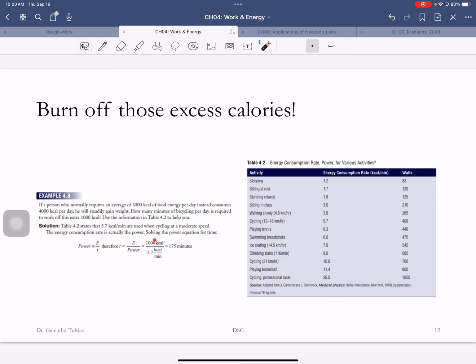If you want to get rid of 1,000 calories, at 5.7 calories per minute, and when I say calories, I mean food calories, if you divide that by that, you get 175 minutes. So you have to bicycle for 3 hours to get rid of that extra 1,000 calories. Go get a cheeseburger and get on the bike for 3 hours.